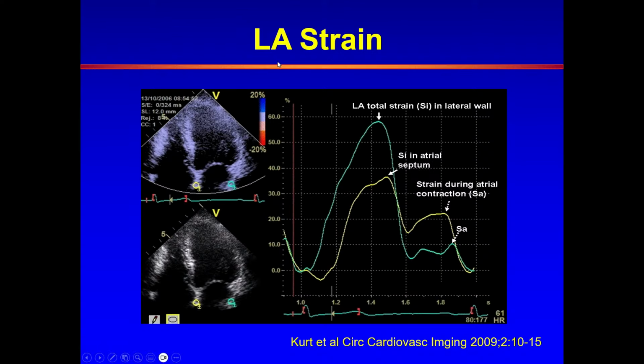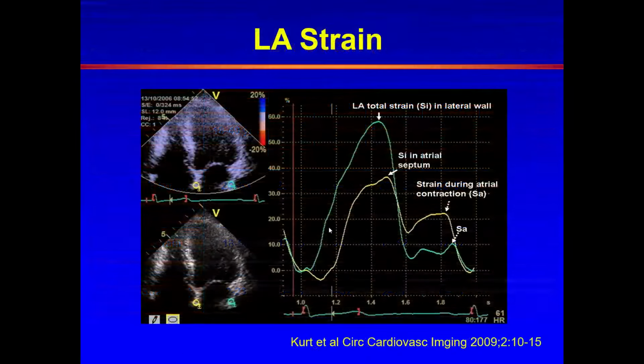Another measurement recommended in the 2025 guidelines, main algorithm for LA pressure estimation is LA strain. And one can think of LA strain as a measure that reflects how much the atrium expands during systole and how much that volume changes later on.